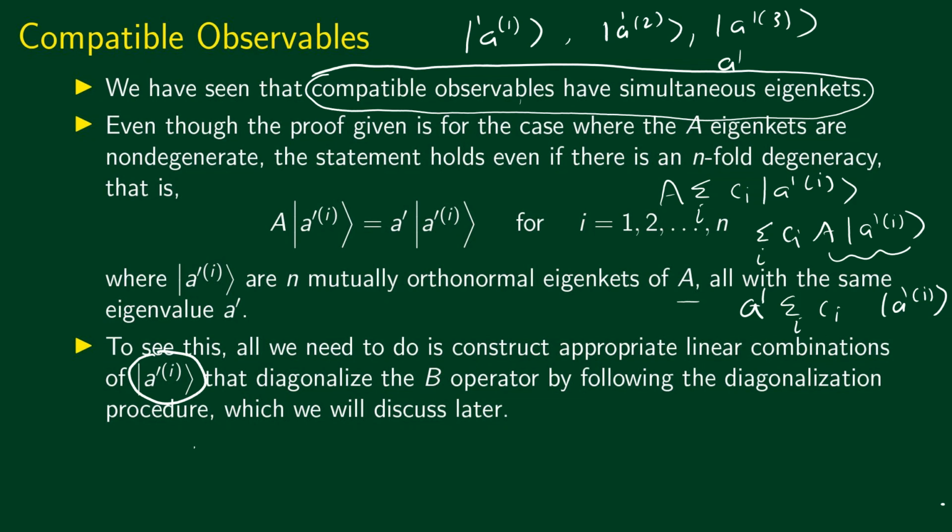We'll always say that compatible observables have simultaneous eigenkets, and this is very important when we discuss measurements. That's where we'll see why these operators are called compatible. Even though in this slide we haven't really proven anything, I'm just stating that this statement is quite general.